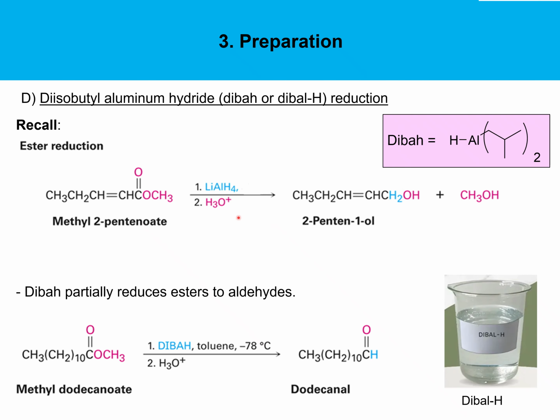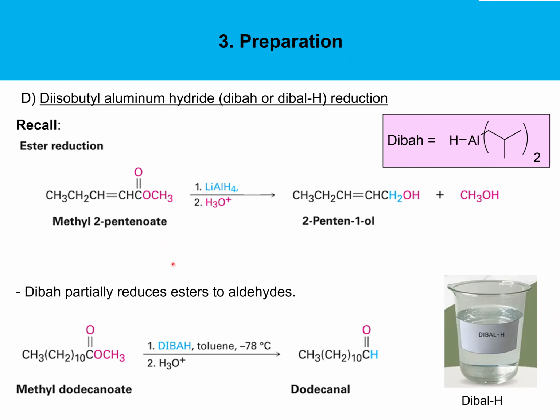If we want to stop the reduction at the aldehyde, the intermediate that we talked about in the reaction above, one way to do this is through another hydride reagent called DIBAL. DIBAL is an acronym for diisobutylaluminum hydride.